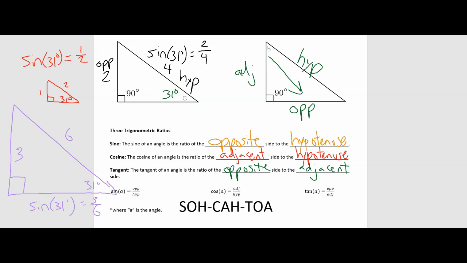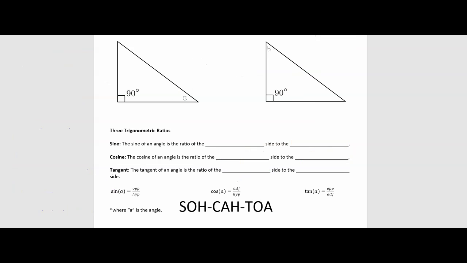Big thing to remember now is these ratios, right? What sides am I looking at if I'm going to look at sine, cosine, or tangent? An easy way to remember the sides is to remember this little mnemonic device. SOH CAH TOA. You'll notice that the first letter of all of these represents one of the functions, or the ratios, so sine, cosine, and tangent.